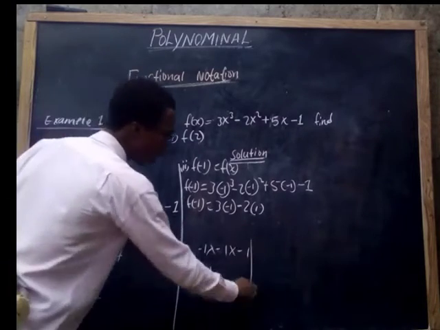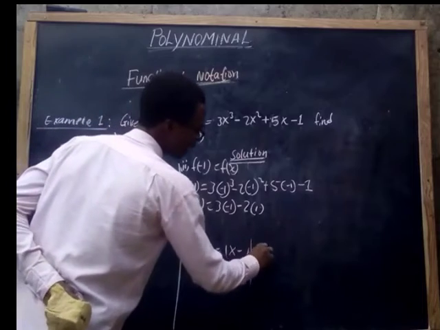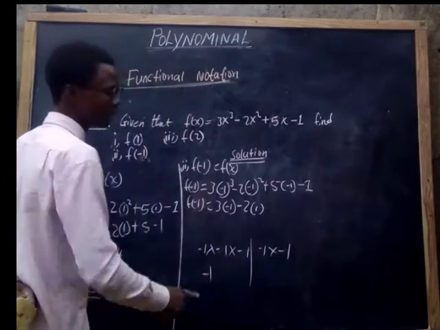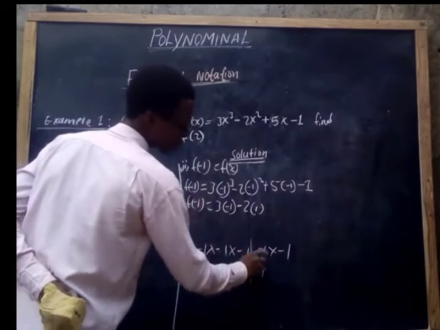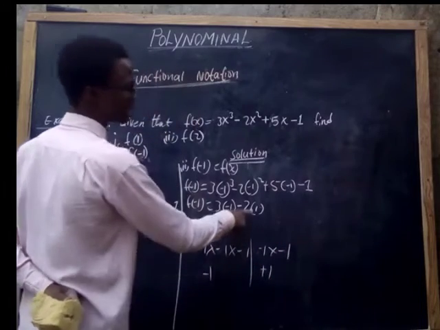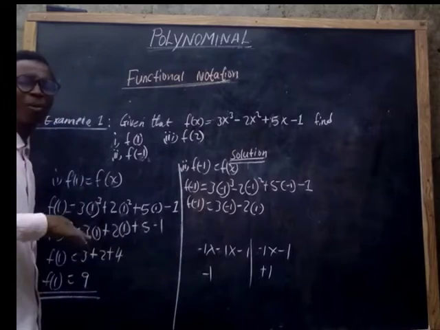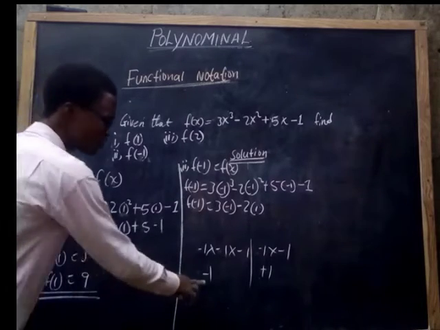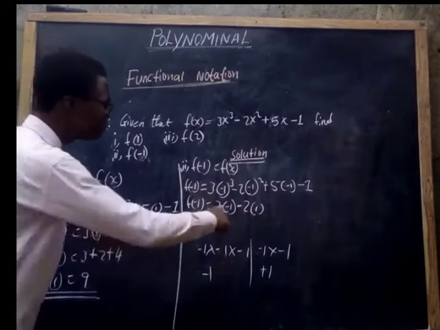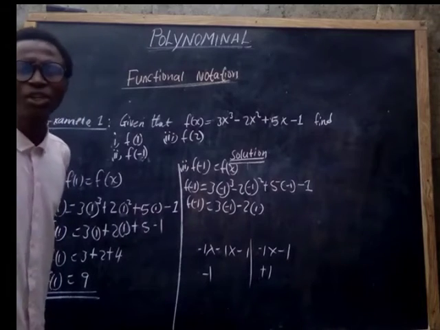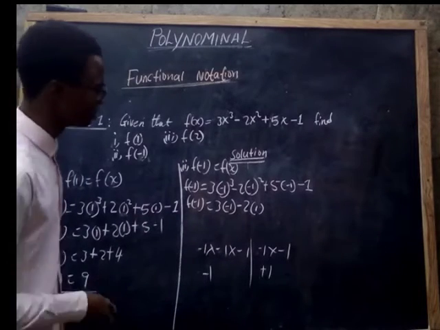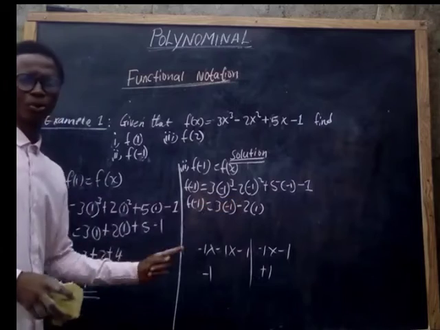So do you see? For here, minus 1 times minus 1, what do you get? Minus times minus is plus. 1 times 1 is 1. So that's why we put plus 1 here, and here we put minus 1. Because if you multiply all 3 negative signs, you still get negative. But if you multiply 2 negative signs, you get positive. That's why we put plus there.